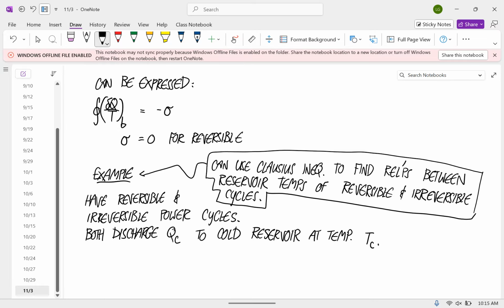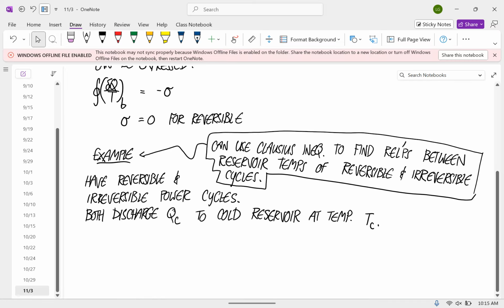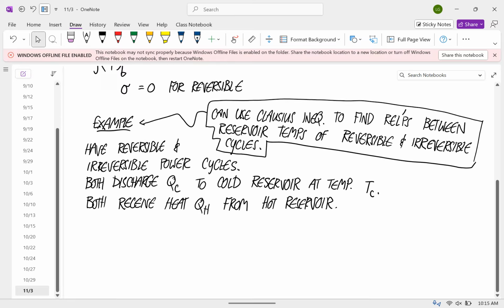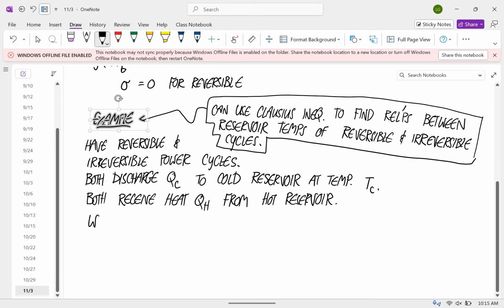So they have the same cold reservoir temperature. And let's say that both receive the same amount of heat QH from the hot reservoir. Which cycle has the higher value of TH?